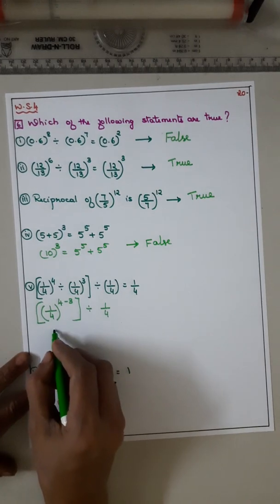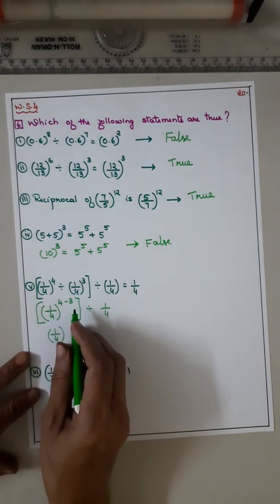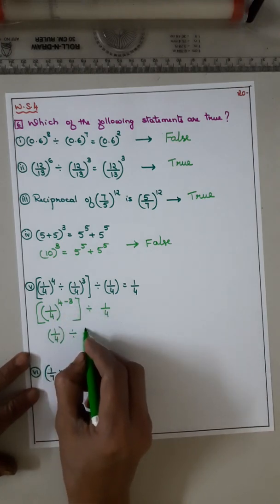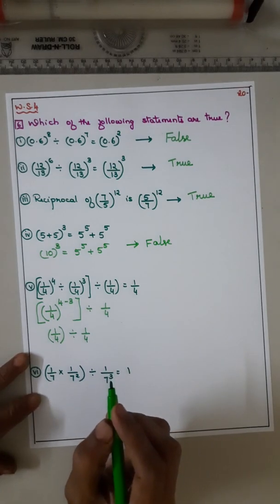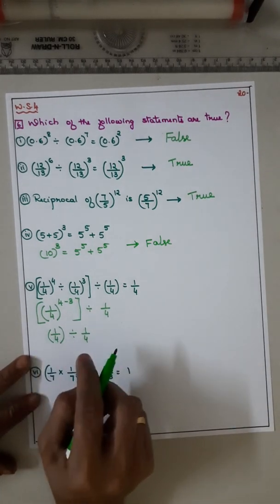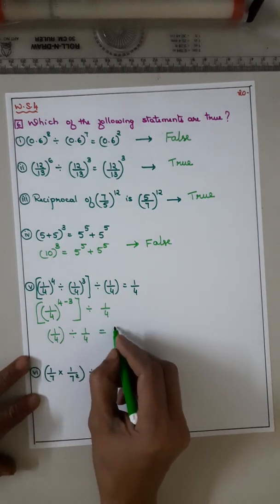So here how much came? 1 by 4. 4 minus 3 is how much? 1. Divide by 1 by 4. How much came? 1 by 4 divide by 1 by 4. Same number. That is equal to 1.